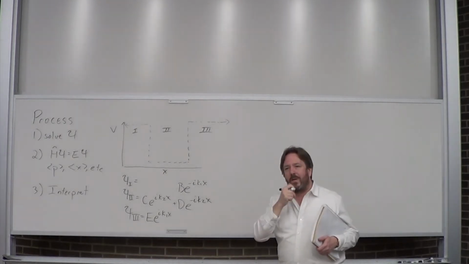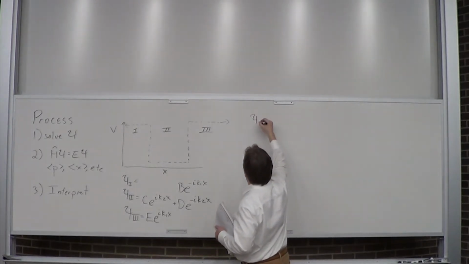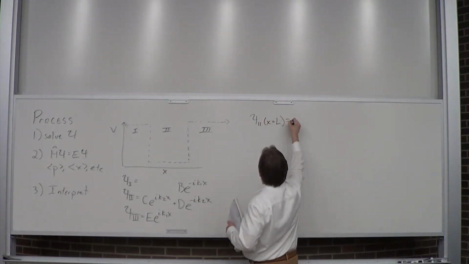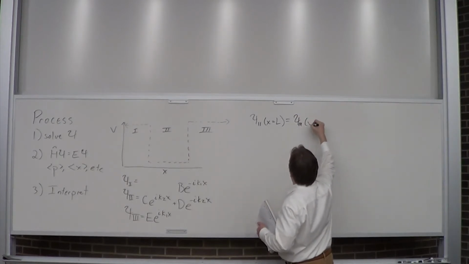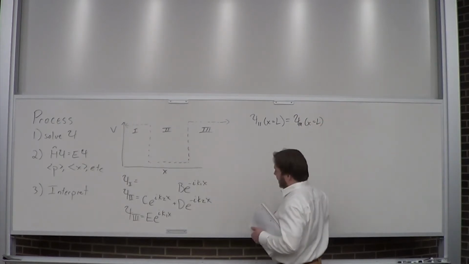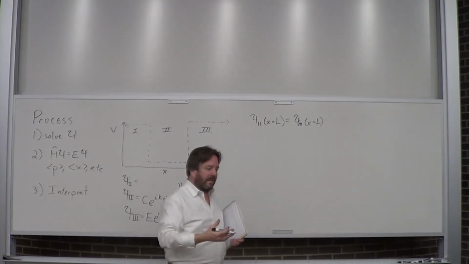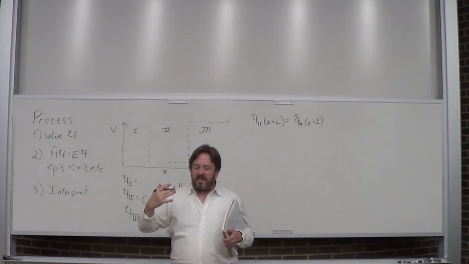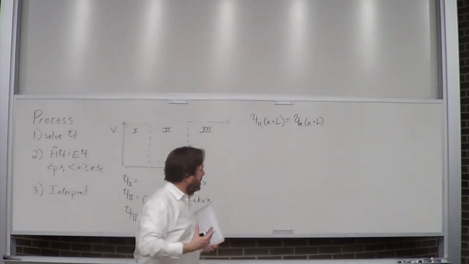I'm going to do regions 2 and 3. The wave functions have to be continuous. That means the region 2 wave function at x equals L had better be equal to the region 3 wave function at x equals L. That makes sense, I hope. Remember we talked in the second lecture of quantum how wave functions have to be smooth and continuous.